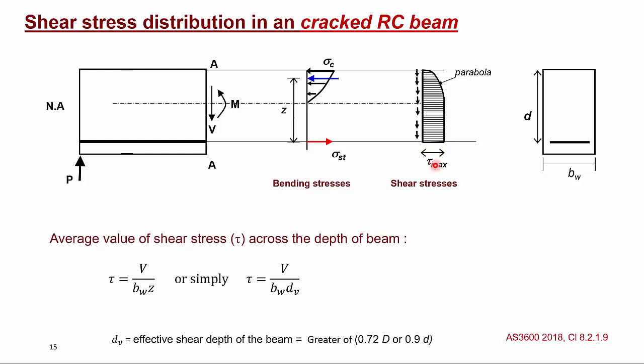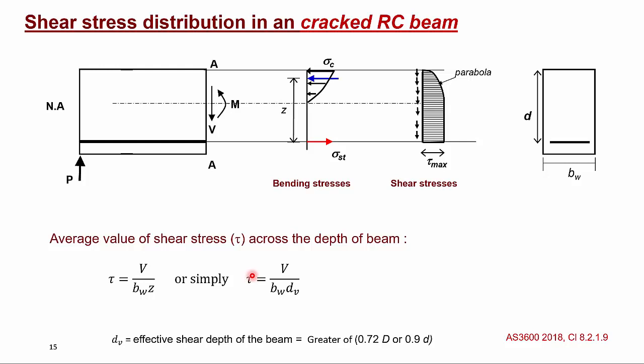So for the cracked reinforced concrete beam, the average shear stress tau can be computed by this equation, that is V, the shear force, divided by b_w, the width of the beam, and z, the lever arm between the compressive force and the tensile force.